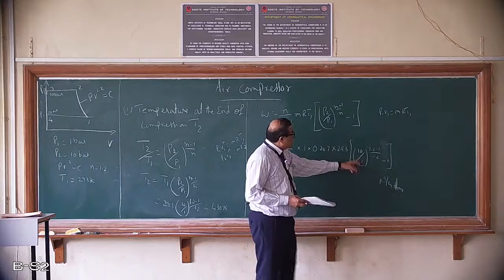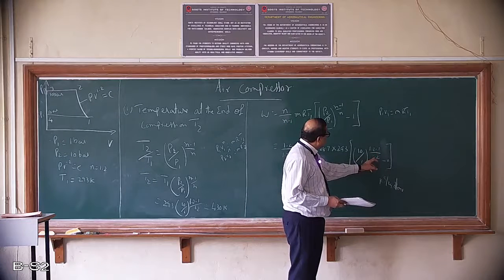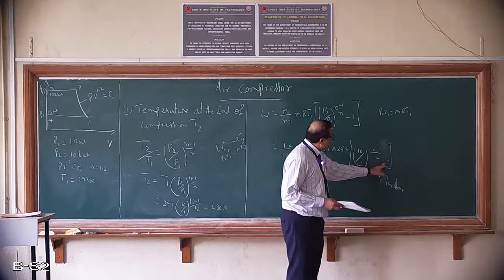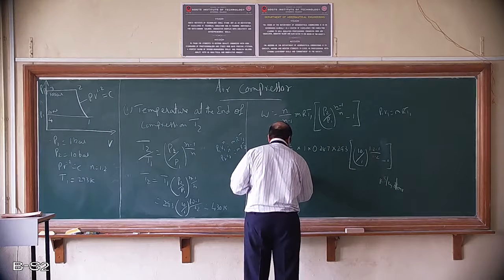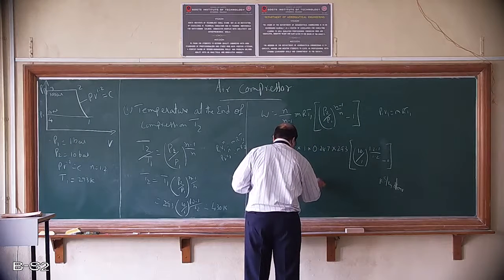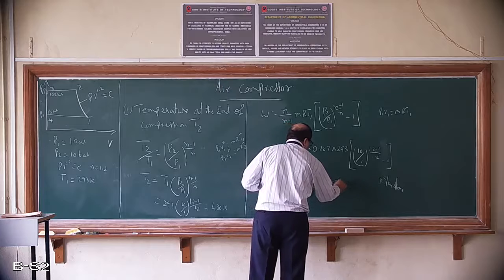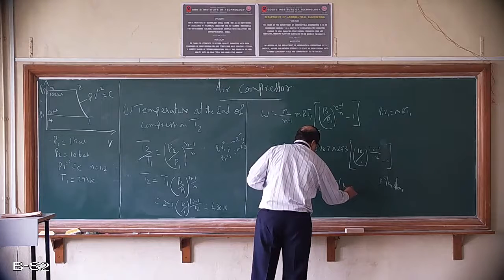So what we get is 236.13 kilojoules per kg of air.